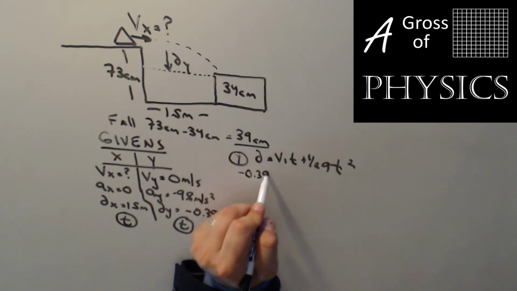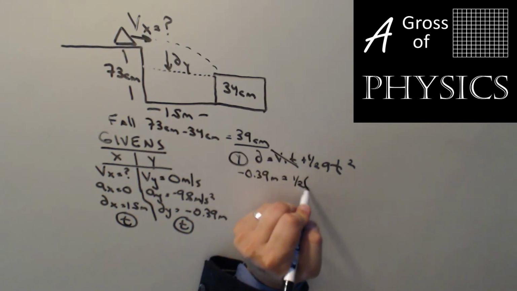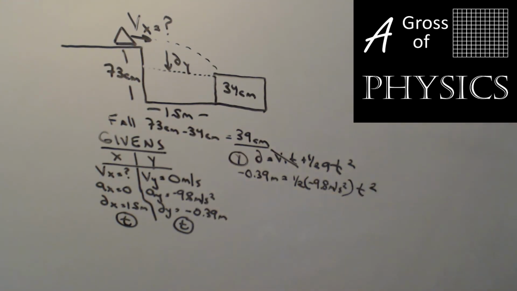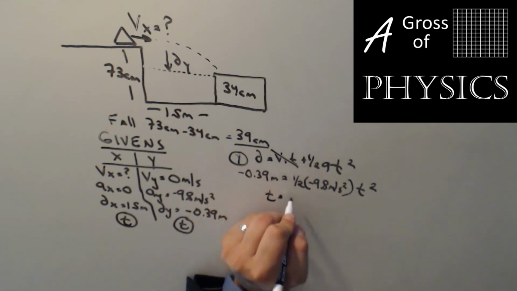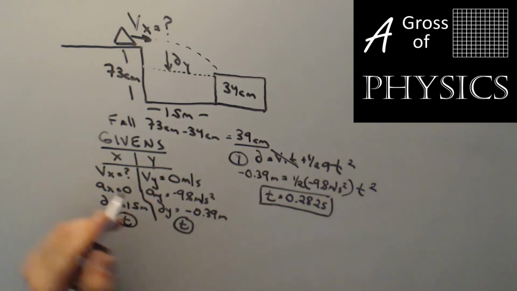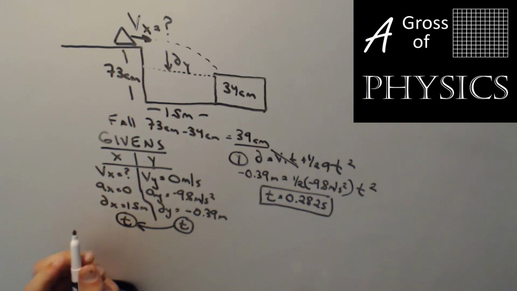Negative 0.39 meters equals, that term cancels, 1/2 negative 9.8 meters per second squared, t squared. All right, I'm going to solve for t. 0.39 divided by 4.9, the negatives will cancel. Second square root, second answer. I have t is 0.282 seconds. Now t is common to both sides, so this t and that t are even.